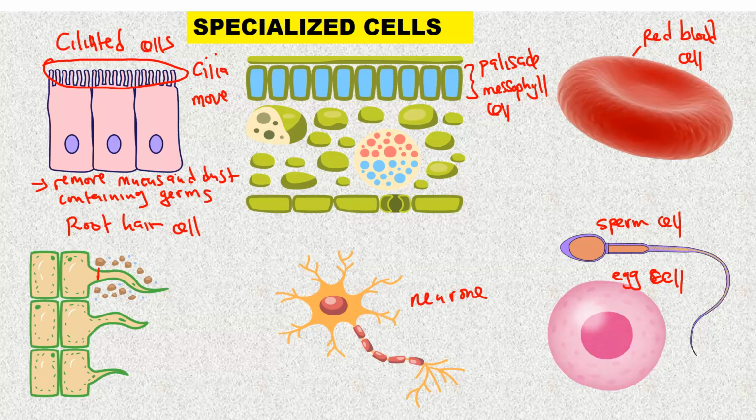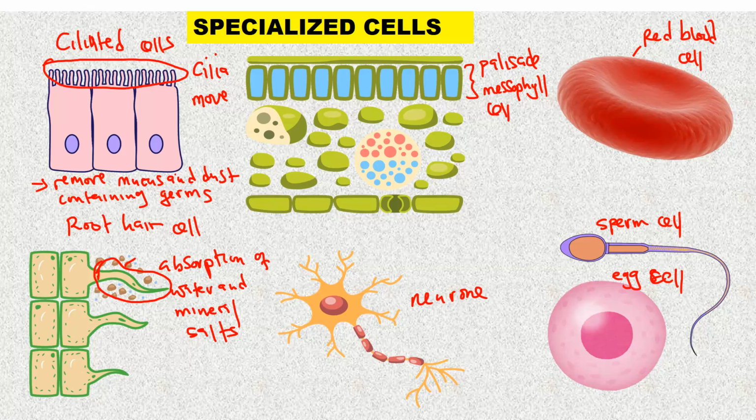Then root hair cell. As you can see, the function of the root hair cell is simply absorption of water and mineral salts from the ground.